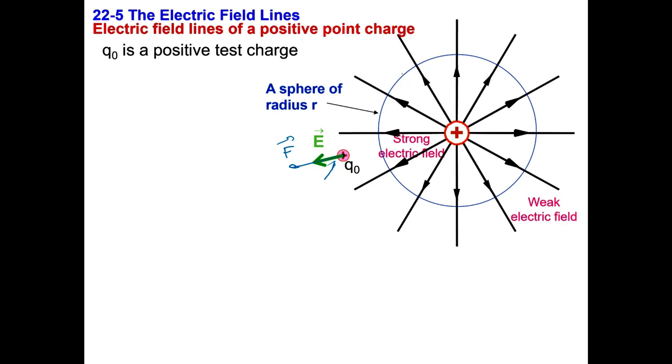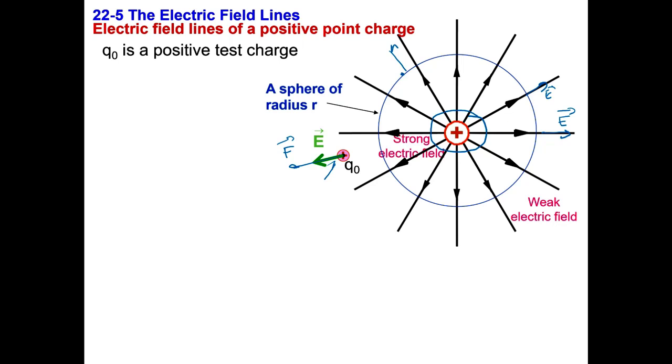If you bring the test charge anywhere else, the electric field will always be radial. So these are the electric field lines. First of all, they are in the same direction as the electric field at any point. And the other thing, notice here, as you get closer to the charge, the radius of this sphere gets smaller, and the number of lines per unit area increases.